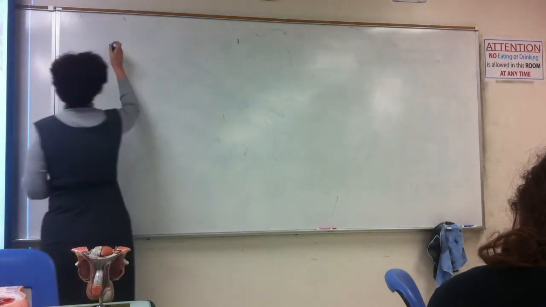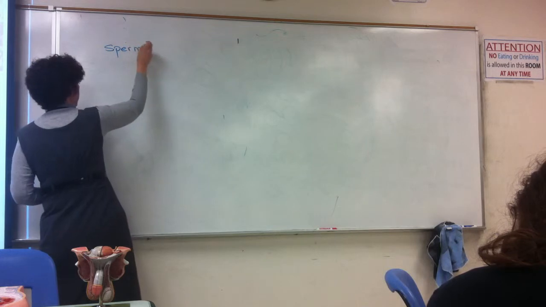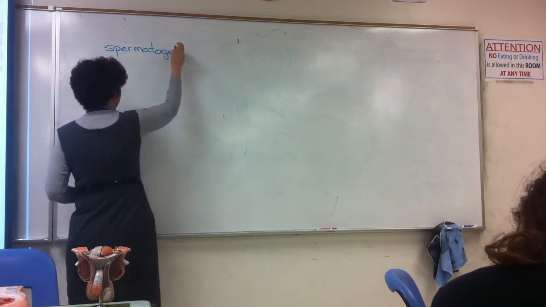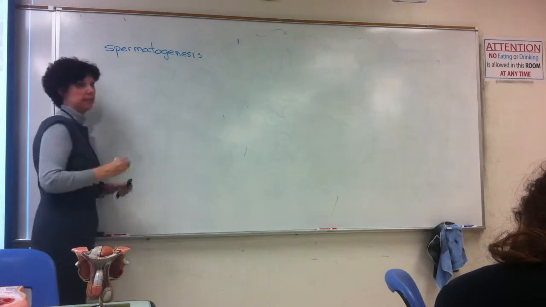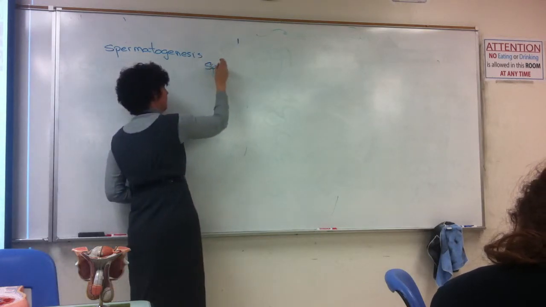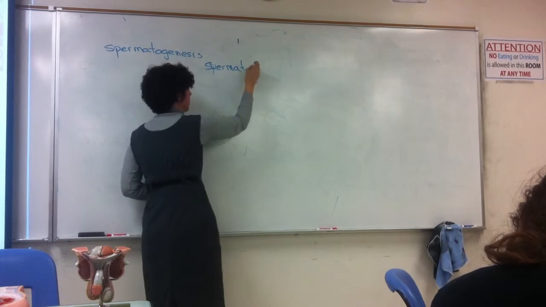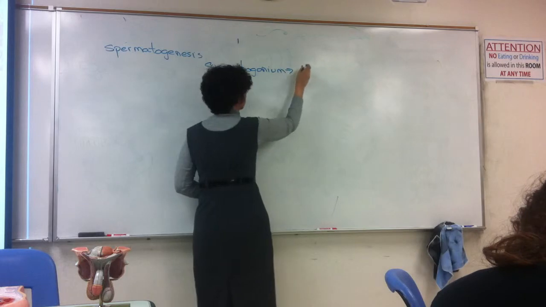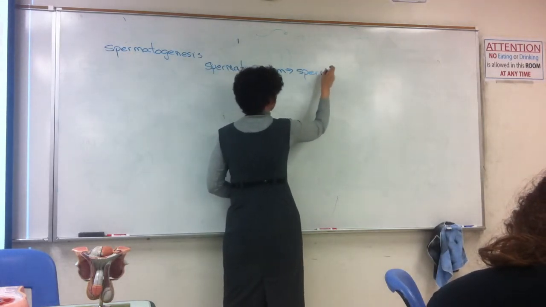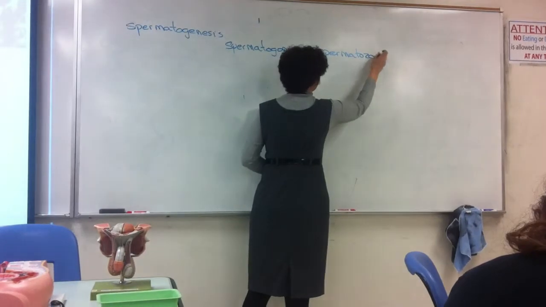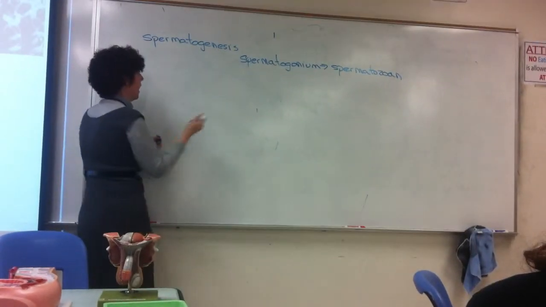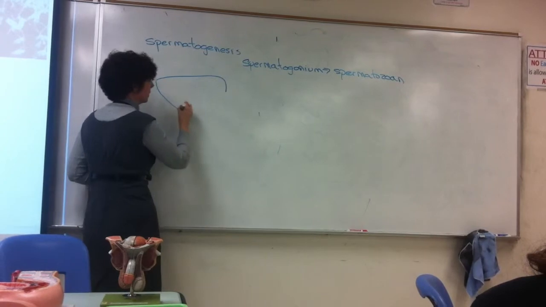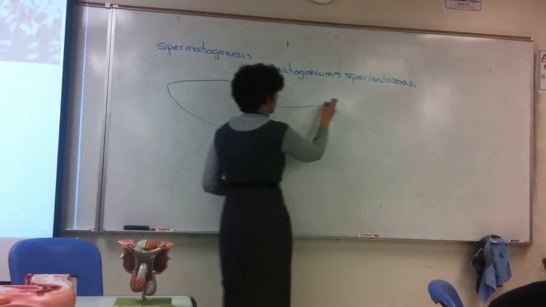So again, spermatogenesis is the nuclear changes, the chromosomal changes, going from spermatogonium to spermatozoon, or early spermatids when we first see those changes. But then losing that cytoplasm and taking on this appearance is spermiogenesis.